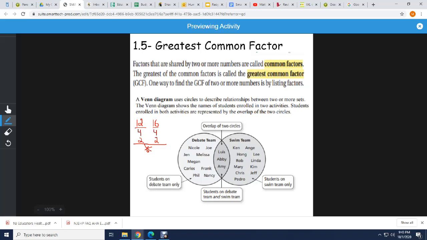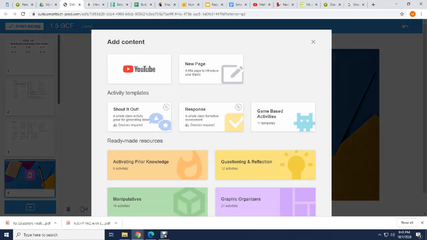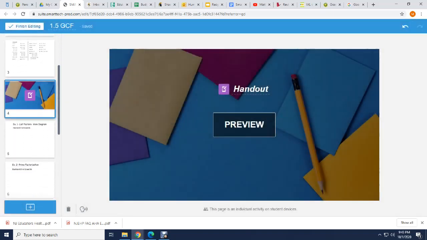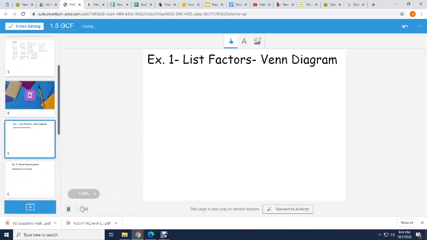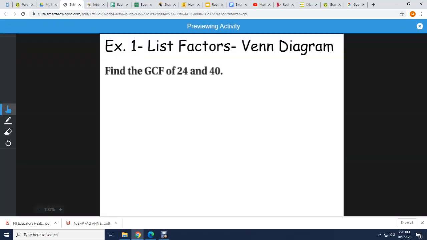And so the way that this usually has been presented and done before, as you go out and do these problems, is by listing factors. Here it says find the GCF, the greatest common factor, of 24 and 40. Generally in the past, you said, all right, here's 24.